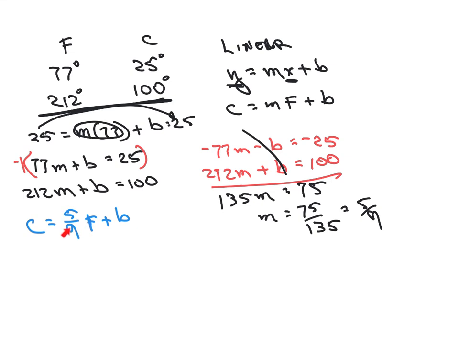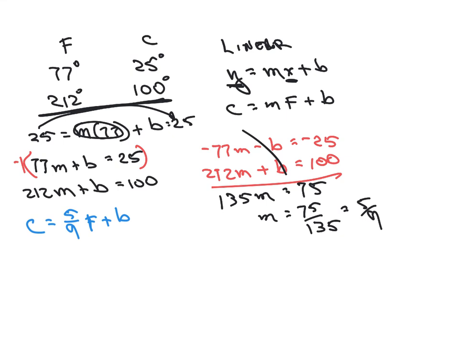So 5/9 was found for M. Now I need to find what this B is. So what I can do is I can go up to one of the other problems I had. I can take maybe this problem or this equation, and I can put in the 5/9 for the M. So let's say, for instance, I take this one right here, and I'm going to rewrite this.